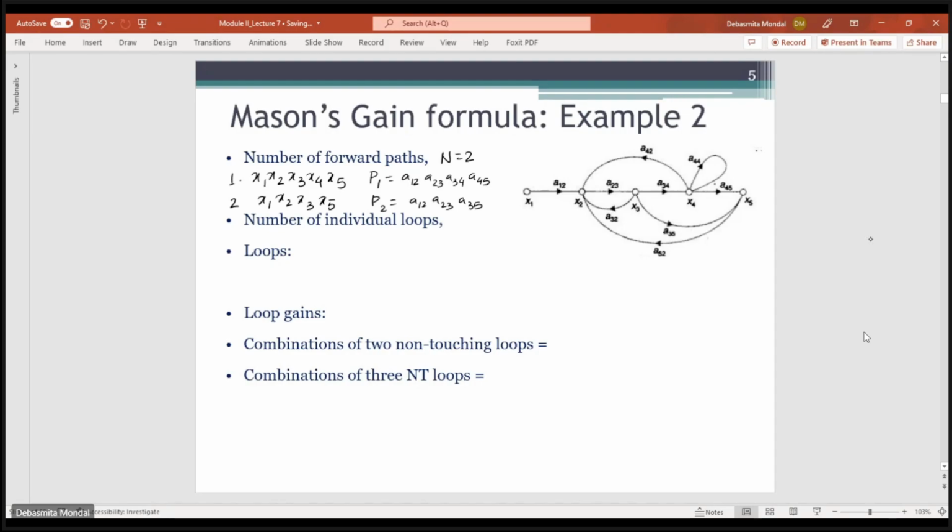Then we'll find the number of individual loops present in the system. So this is one loop, then you have two, then this is another loop, three, then you have four over here, five over here, and six over here. Did I miss out anything? So let's write the loops.